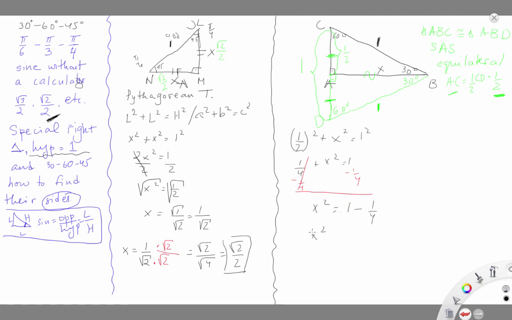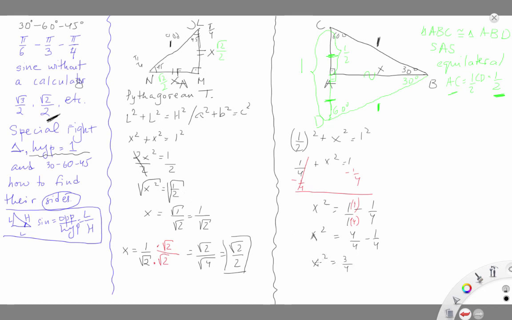If we subtract those two fractions, I put a 1 on the bottom. I need to make the denominators equal, so I'm going to multiply here by 4 and here by 4. What I really get now is 4 over 4 minus 1 over 4, or x squared is equal to 3 over 4. I'm going to follow the same step over here.